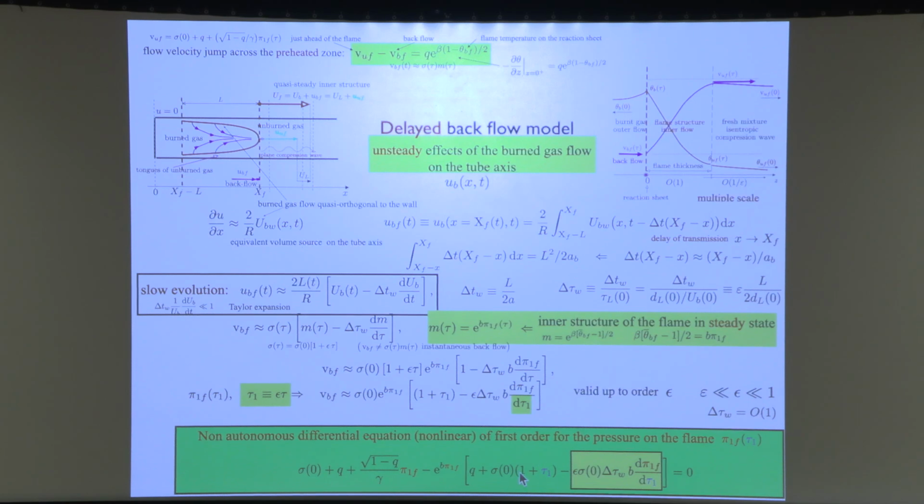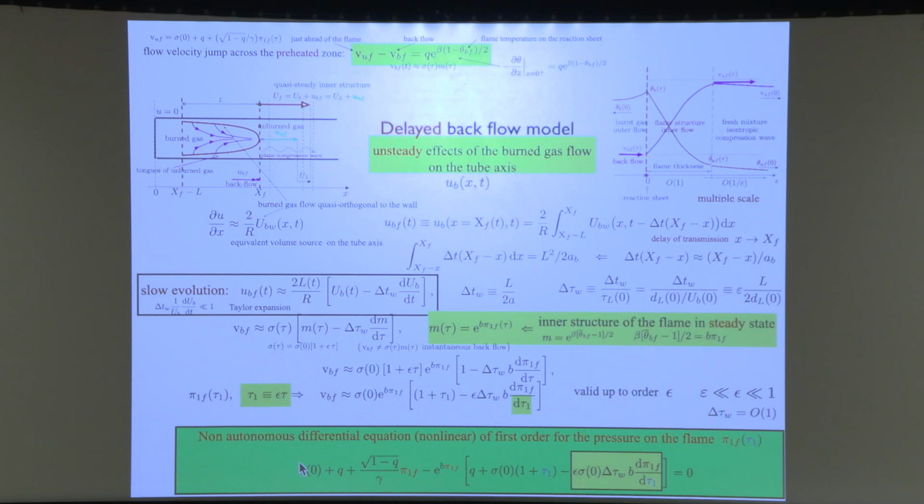The elongation is proportional to time, tau 1 here, which is not exactly the time, but a time scale in a proper way. And P1F is also the pressure on the flame scale, also in the proper way.